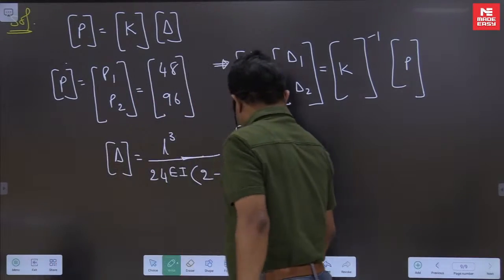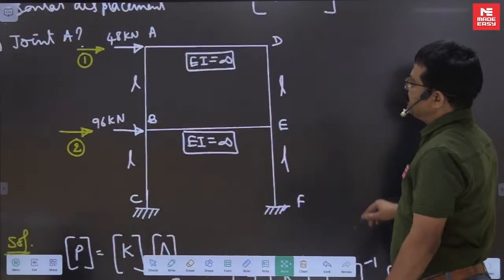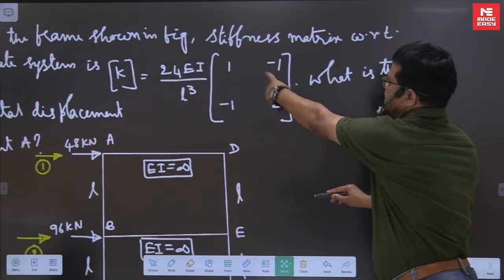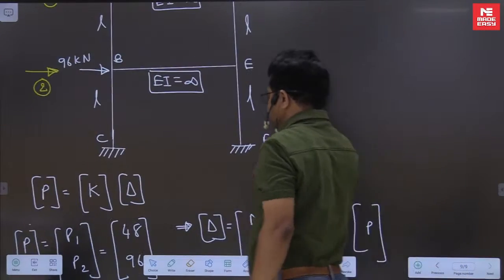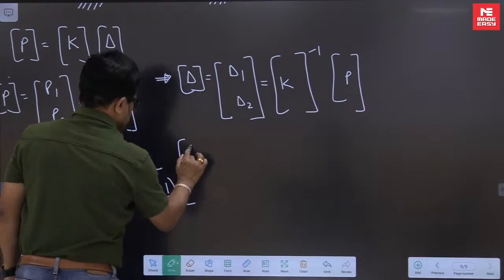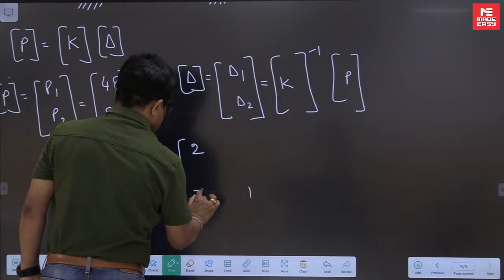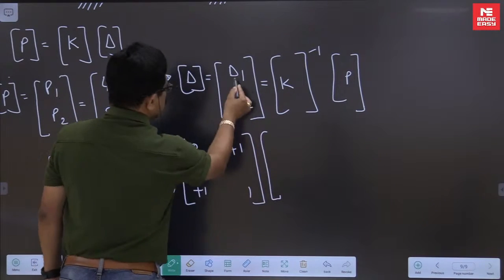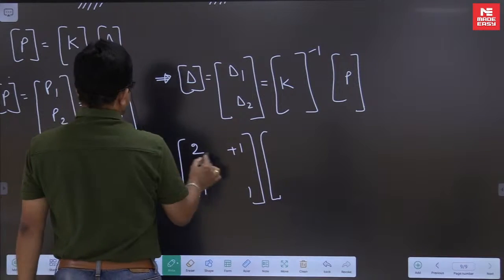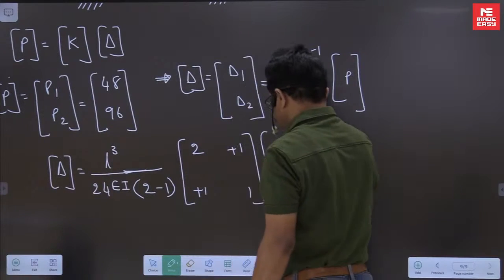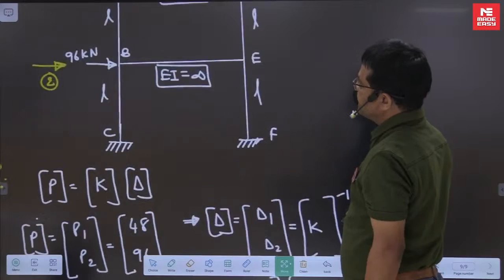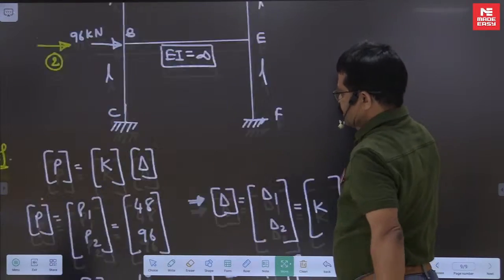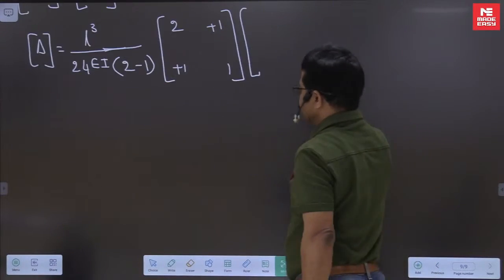Then what we have to do? Interchange the elements. 2, 1 and plus 1, plus 1. K inverse P. P values also we have known. What is the P value? 48, 96. Here we have written 48, 96.